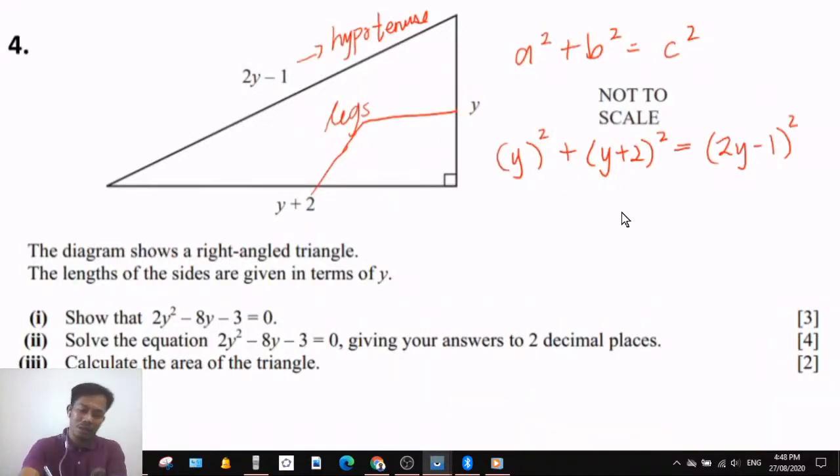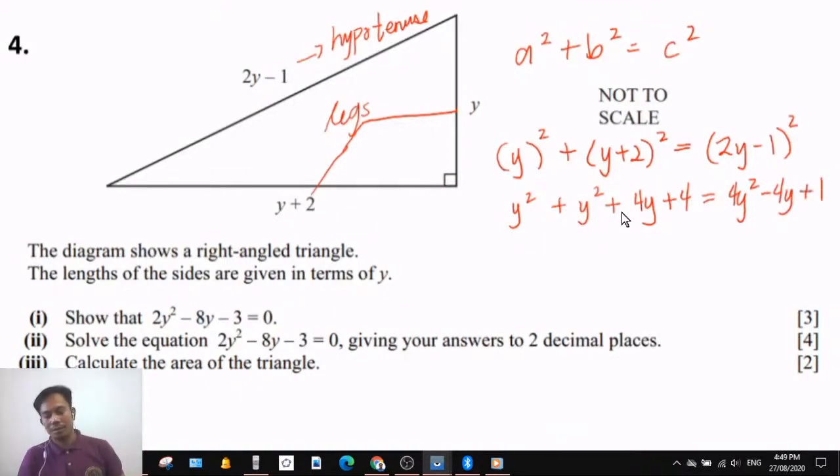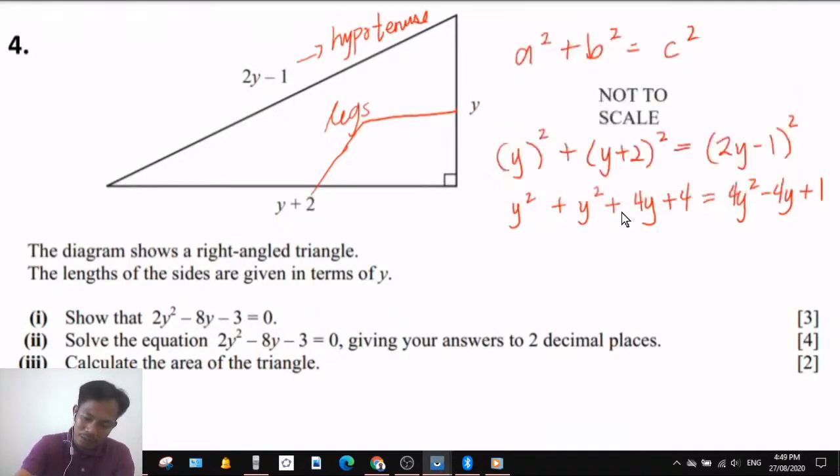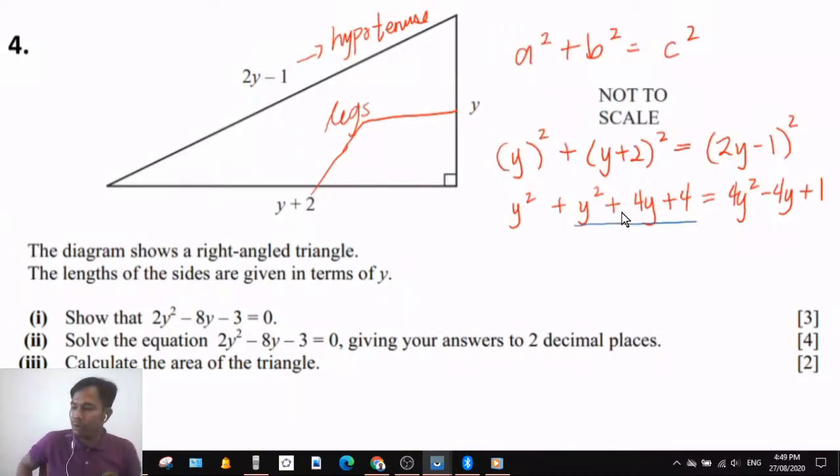Okay? This will now become y squared plus y squared plus 4y plus 4 is equal now to 4y squared minus 4y plus 1. Okay, by the way, how did I come up with this? For those who are new, I keep on repeating this lesson. This is a square of a binomial.